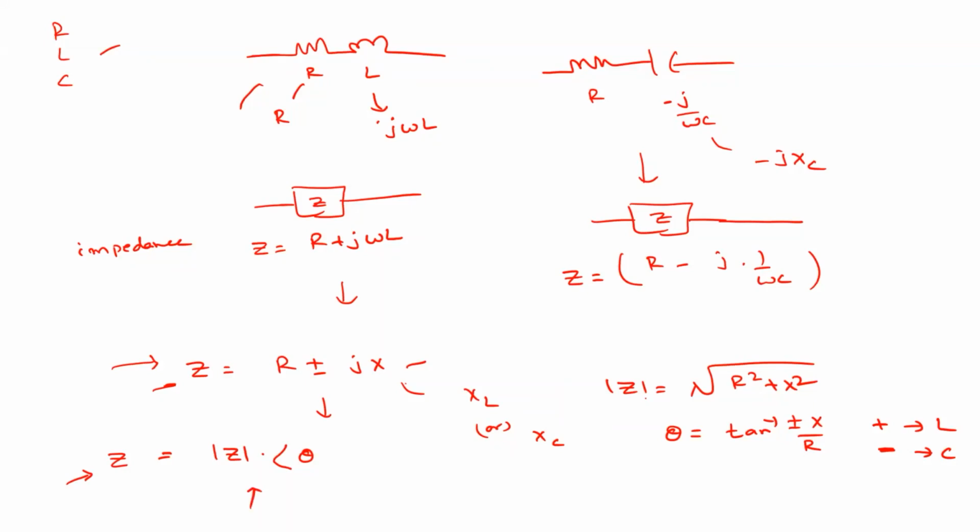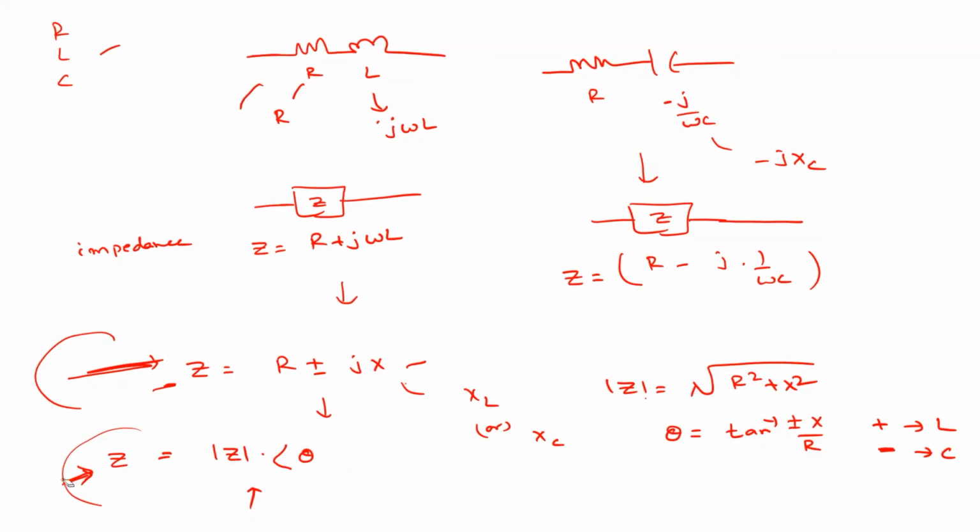So we have two formats, the complex format and the polar format. For addition and subtraction the complex format is easy, and for division and multiplication the polar format is easy. Depending on the problem, you can change from complex to polar or polar to complex form.